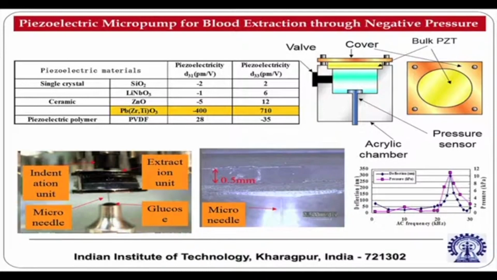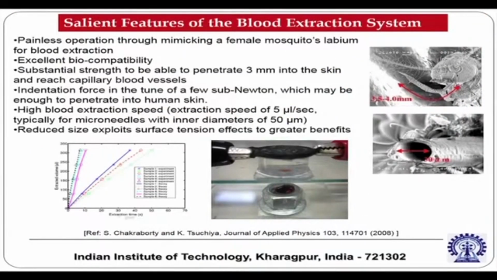So in the range of 400 to 700, of the order of hundreds of picometer per volt, which is a good amount of piezoelectricity that you can essentially get. So what are the salient features of this blood extraction system? Painless operation through mimicking a female mosquito's labium for blood extraction.